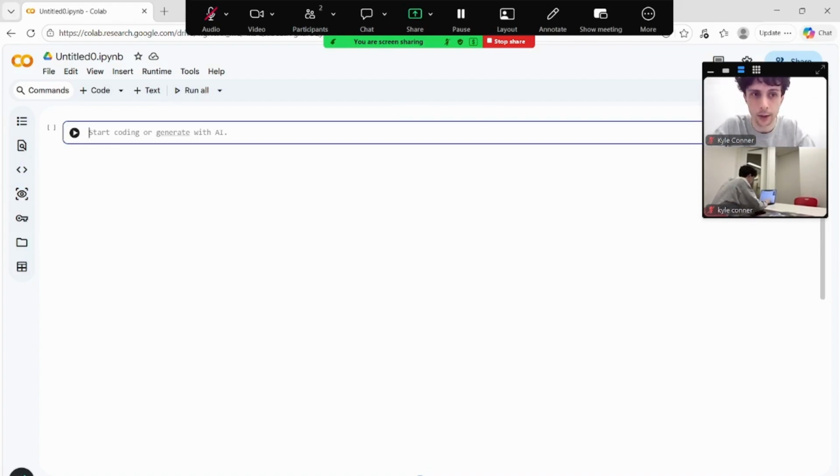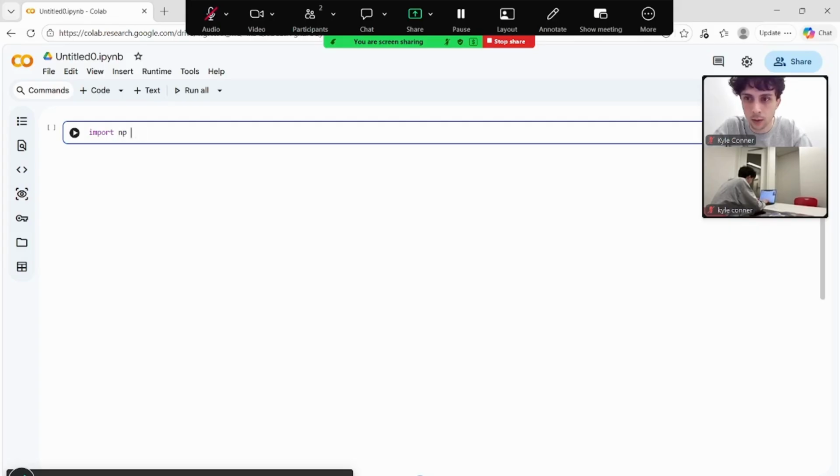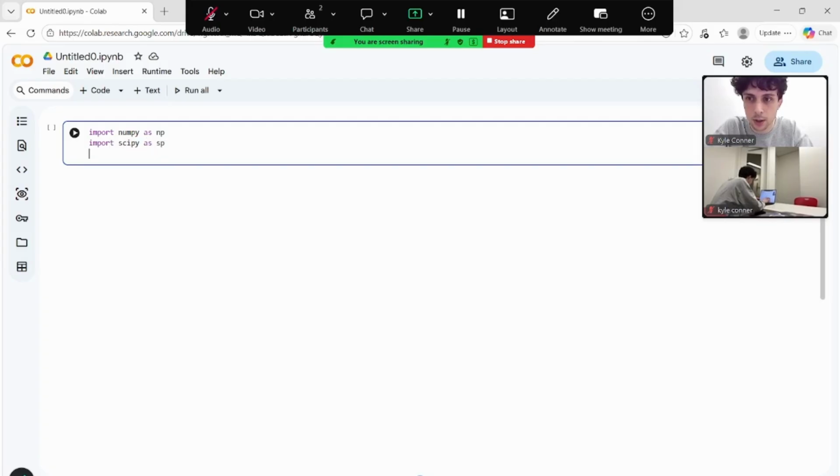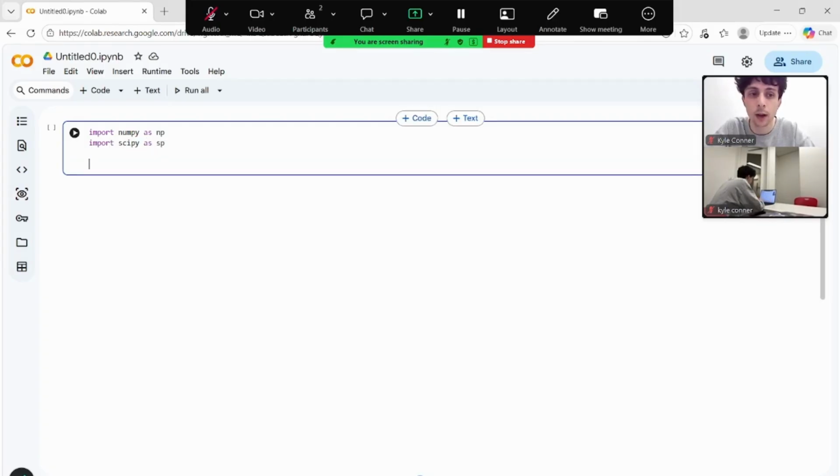So we'll start with importing these commands so that we're able to run this. And now we're going to be making our Buckingham Pi array.